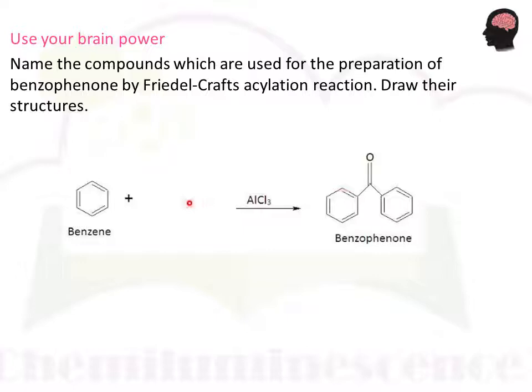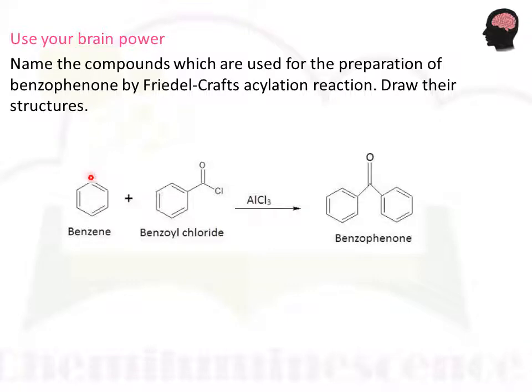The second reactant, that is acyl chloride, will be that compound which contains this part, that is a benzene ring having a carbonyl group. So our next reactant is benzoyl chloride. When benzene is reacted with benzoyl chloride in presence of anhydrous aluminum chloride, we will get benzophenone as a product.